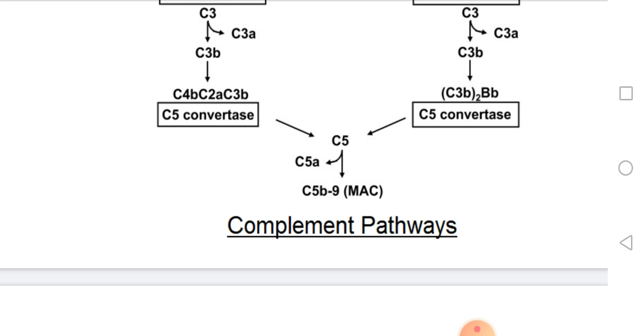And this is the end product of the complement if activated by any pathway. So MAC is the end product of all the pathways.